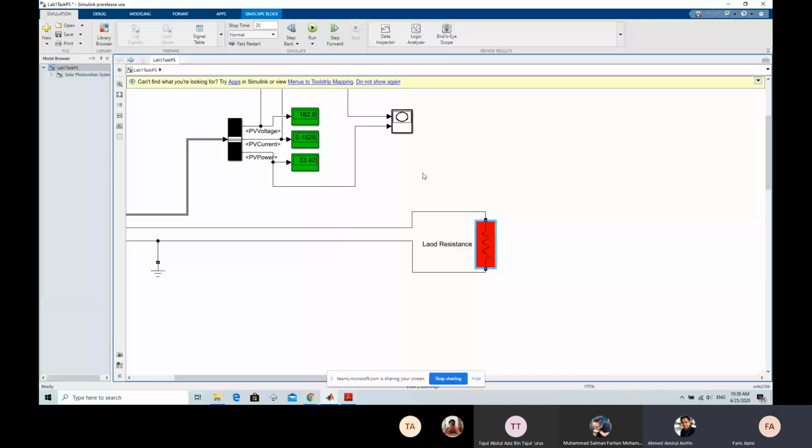Generally, in your lab reports you have to do the short circuit case and analyze what you are seeing here, like what the voltage, current, and power are. And similarly for the open circuit voltage. Okay, so now you can go to the lab manual.